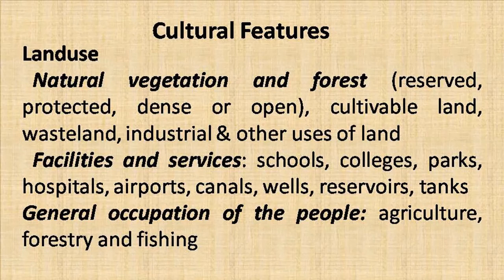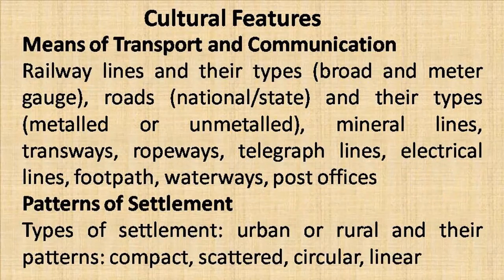Similarly, various types of facilities and services such as schools, colleges, parks, hospitals, airports, canals, wells, reservoirs, and tanks are present in our topographical maps. The general occupation of the people, that is agriculture, forestry, and fishing, this type of information we can also get from the topographical maps.